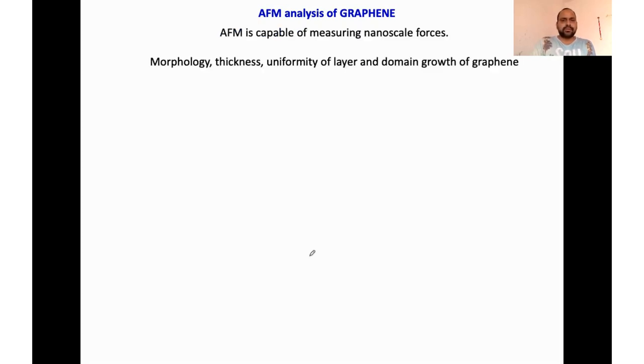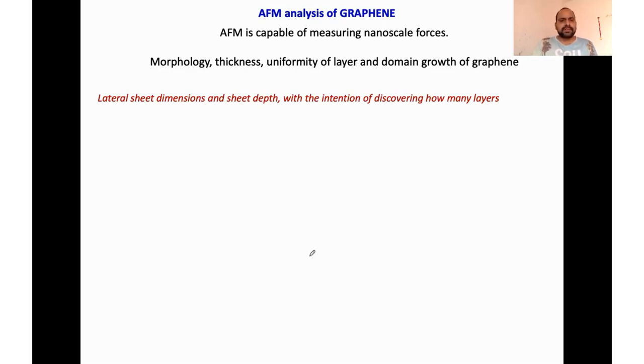Also, if you see these lines, these lines basically indicate the wrinkles in graphene, and here we would like to see the thickness of that sheet.